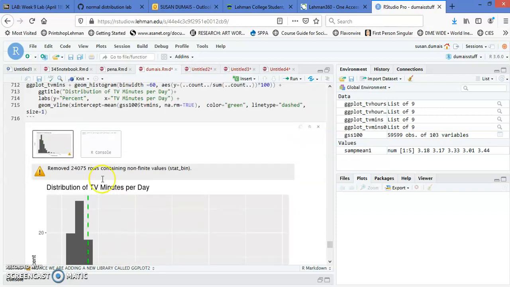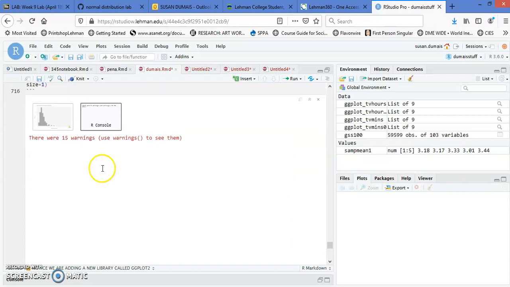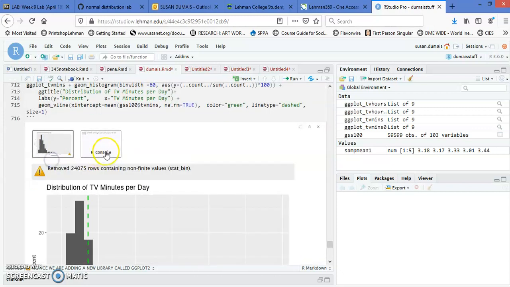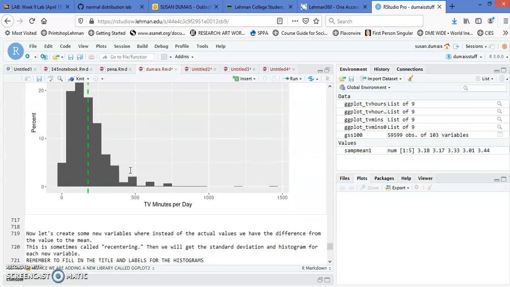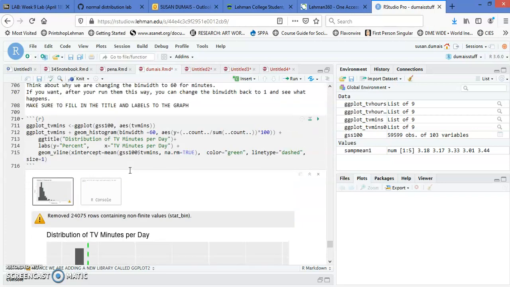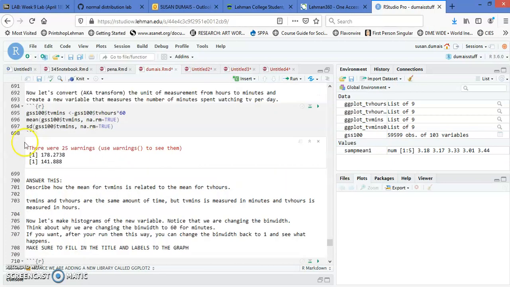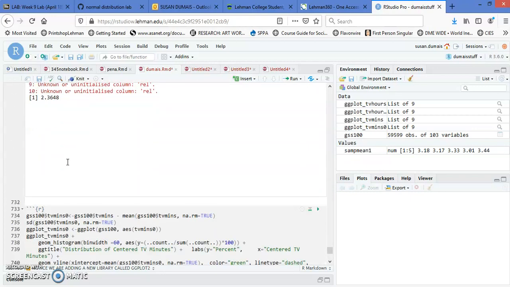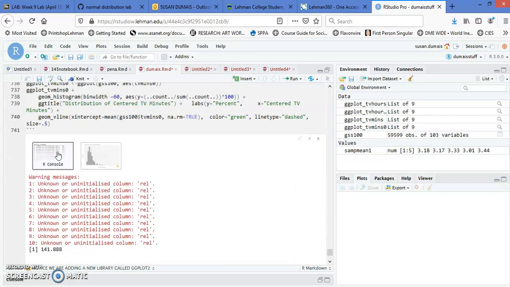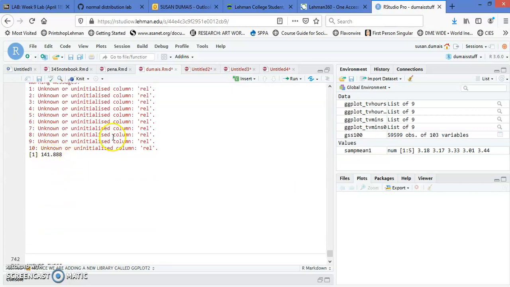TV minutes, the standard deviation is 141.888. Centered TV minutes, 141.888.